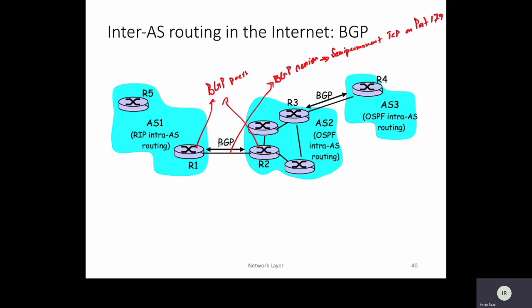So using port number 179, we'll establish this semi-permanent TCP connection where this BGP peer or peers will exchange information, right? By the way, there are two types of sessions.